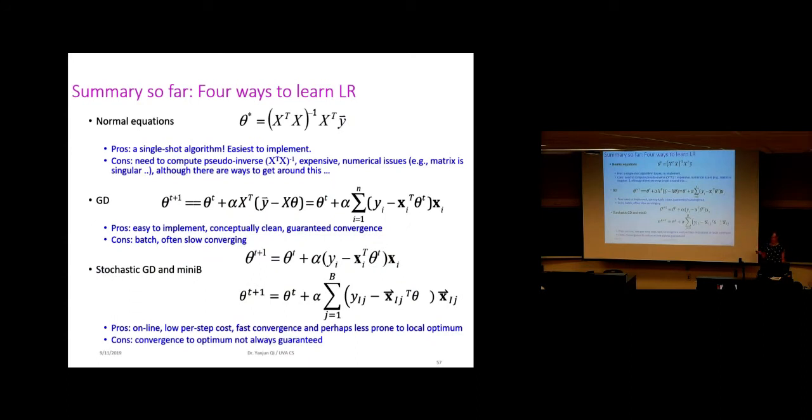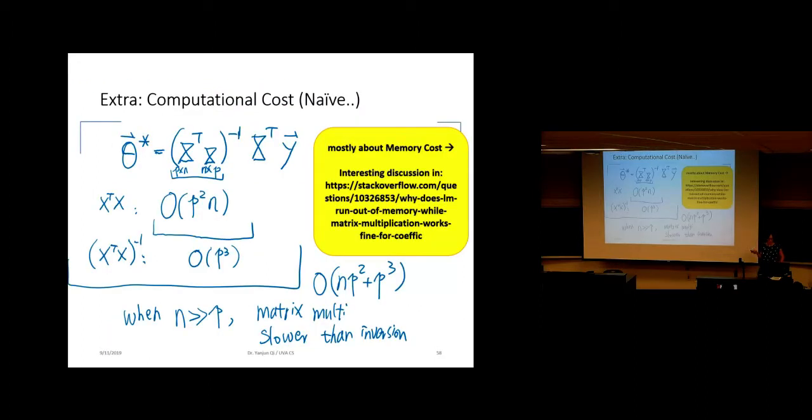So to summarize, we have the normal equation, gradient descent, stochastic gradient descent, and mini batch stochastic gradient descent. I already covered pros and cons for each, so feel free to read them more carefully. This page I already covered before.